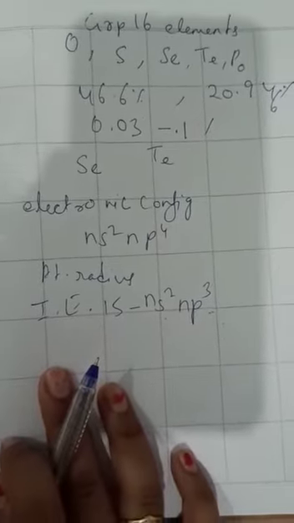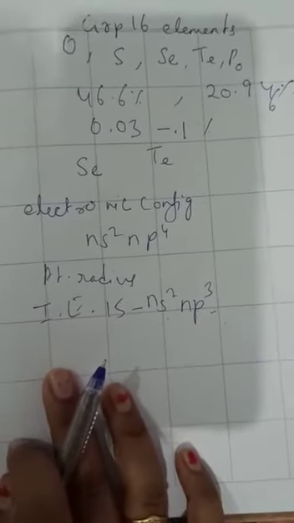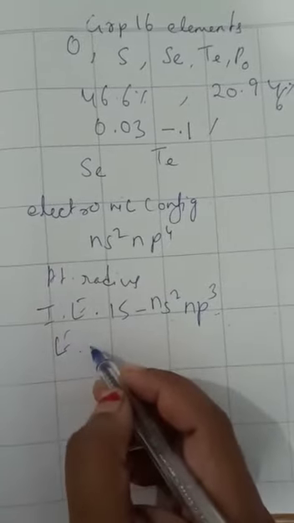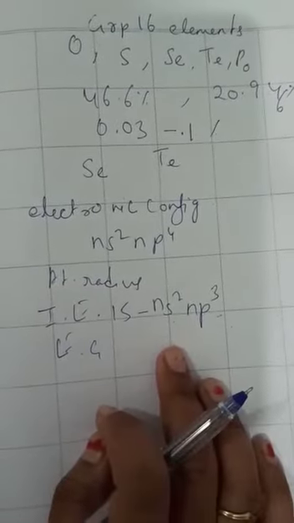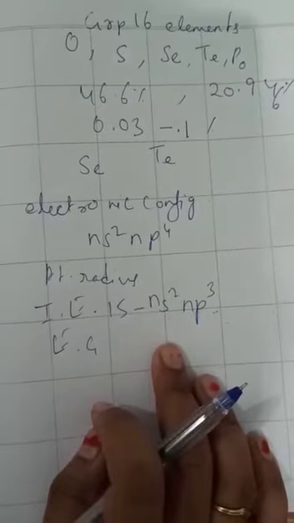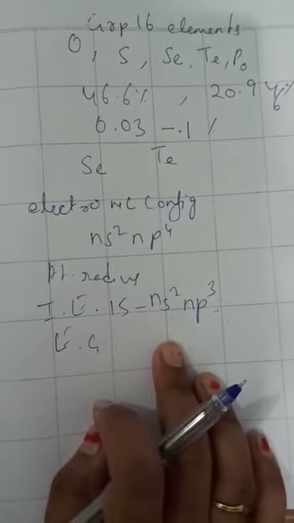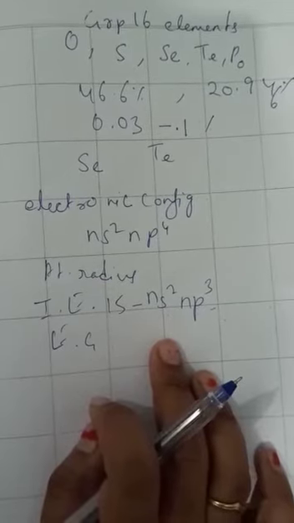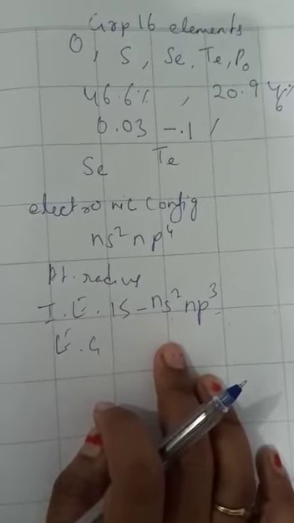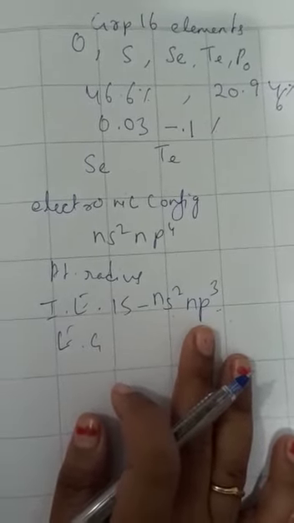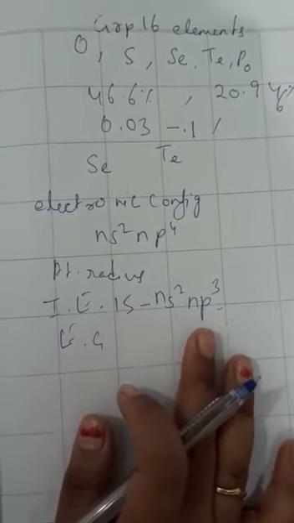Okay, and now let's discuss the electron gain enthalpy. So, students, because of the compact nature of the oxygen atom, it has less negative electron gain enthalpy than sulfur. However, from sulfur, the value becomes less negative up to polonium.